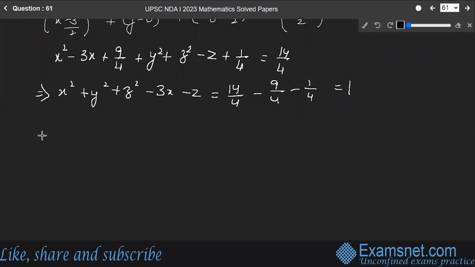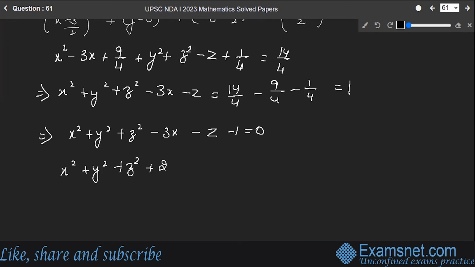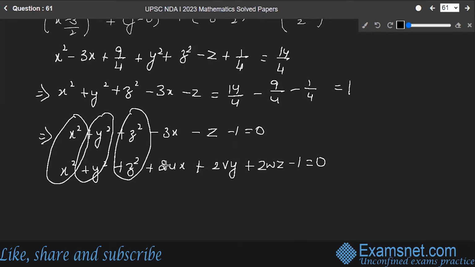Okay, so the equation becomes x square plus y square plus z square minus 3x minus z minus 1 is equal to 0. Now let's compare it with the given equation, which was x square plus y square plus z square plus 2ux plus 2vy plus 2wz minus 1 is equal to 0. So these two match. So from here, u's value is equal to minus 3 by 2.